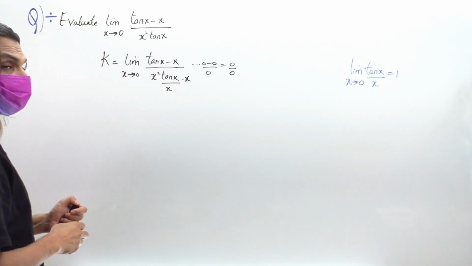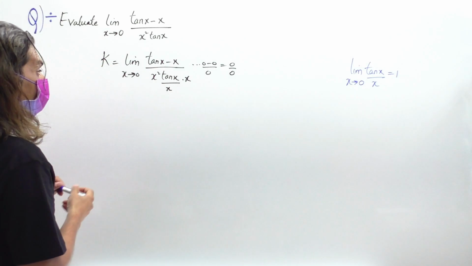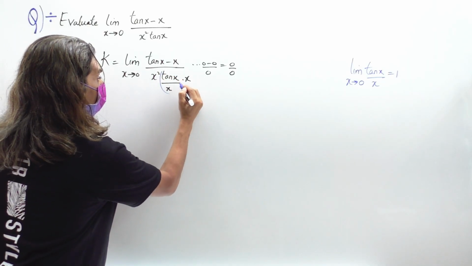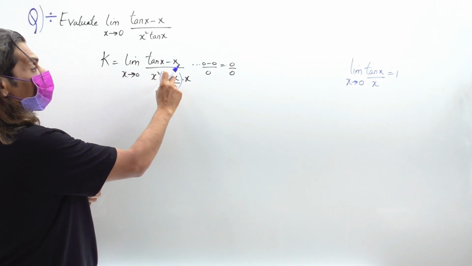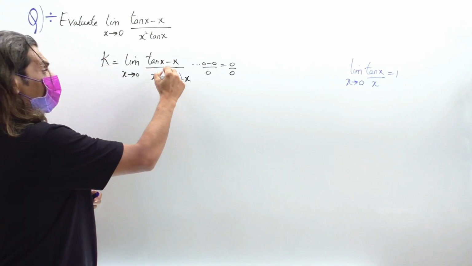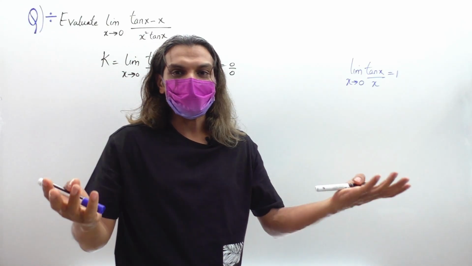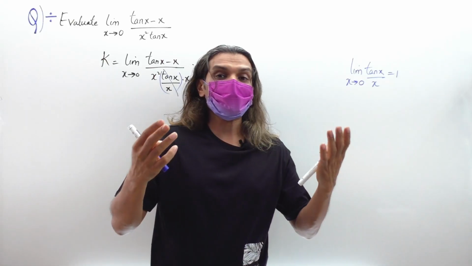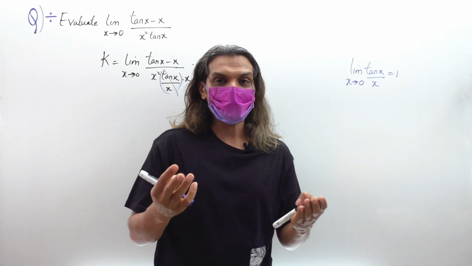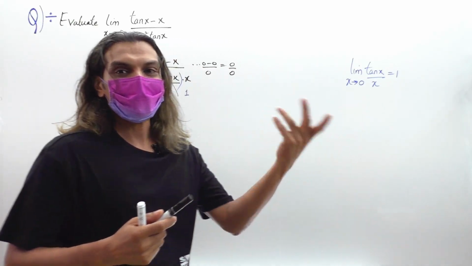So when I do that, what happens? This factor will be the limit of tan x by x as x tends to 0, which is 1. The trigonometric term which was creating the problem by differentiating vanishes and it becomes very simple here.